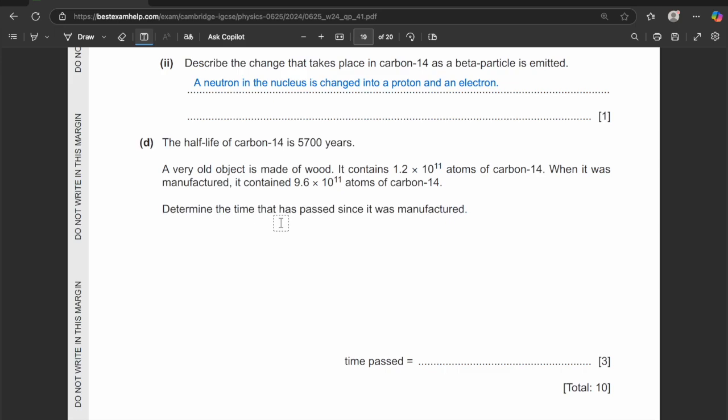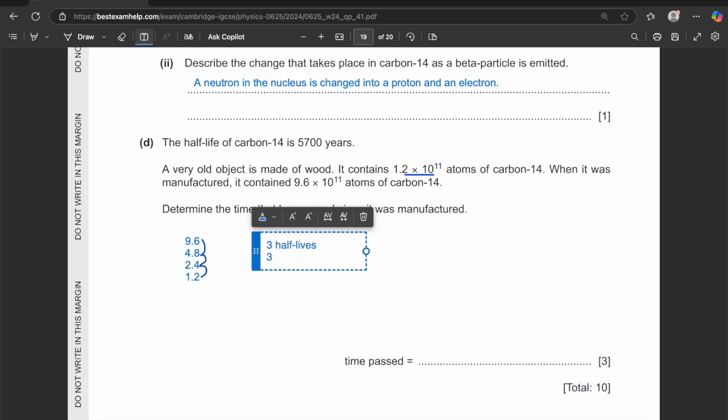To calculate the number of half-lives, we can use these two, right? So 9.6 divided by 2 is 4.8, 2.4, 1.2. So after 1 half-life, 2 half-lives, 3 half-lives, you will get this amount of atoms left.